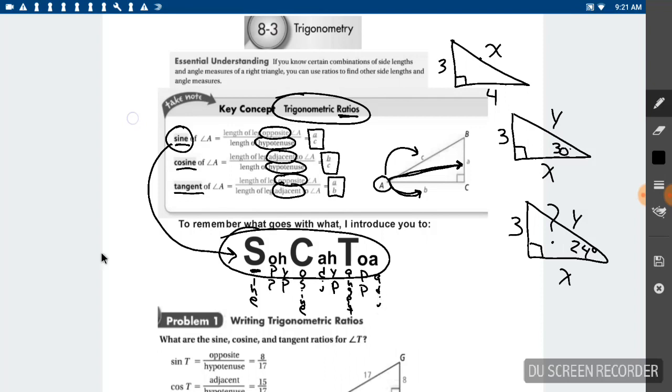So this is no great mystery. This is just an acronym to help you memorize the ratios that correspond to which sides of a triangle you're dealing with. Craziness, isn't it? SohCahToa. All right. Let's move along.